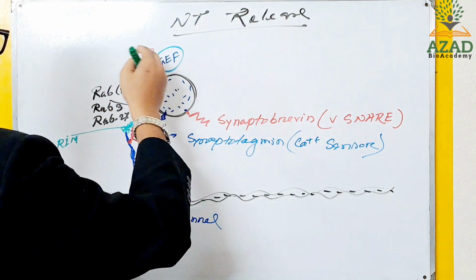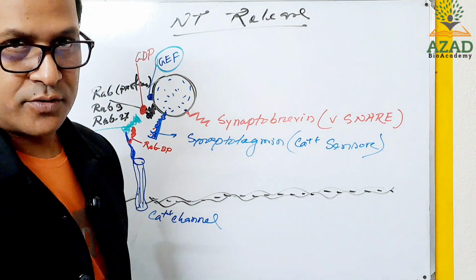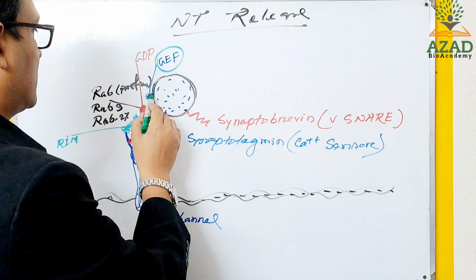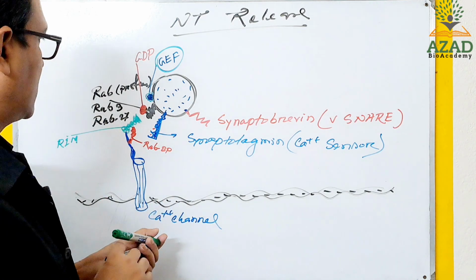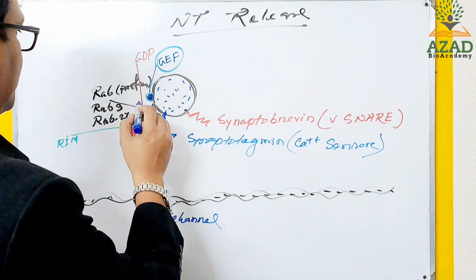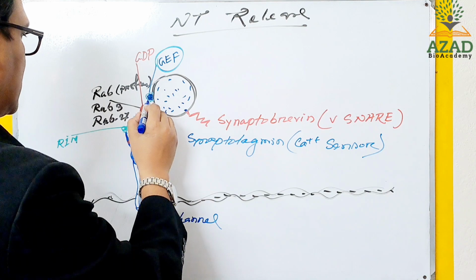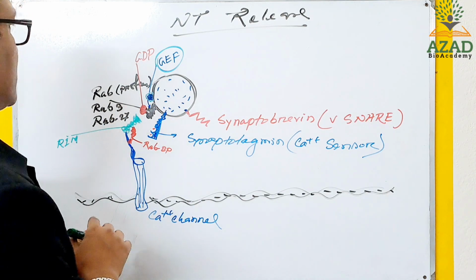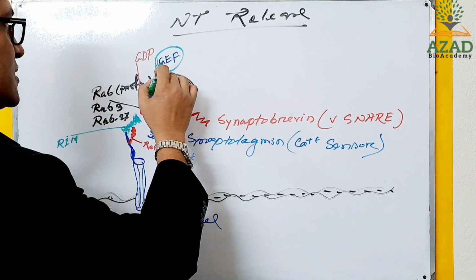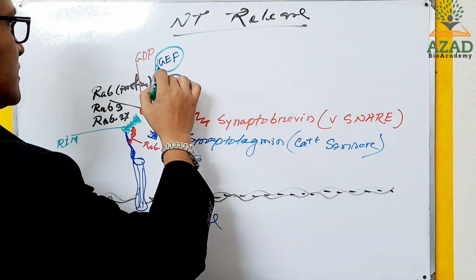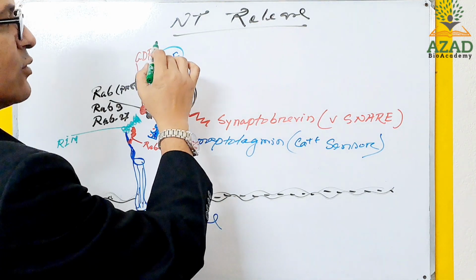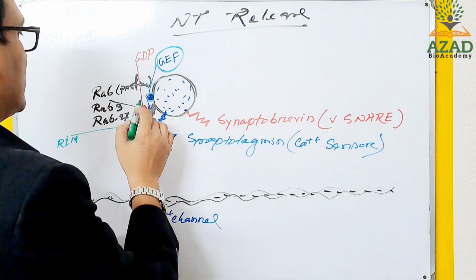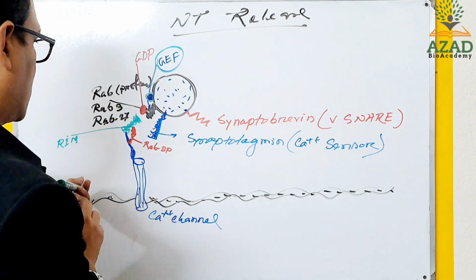That means the guanine nucleotide exchange factor that is attached with the membrane will be activated. And then what will happen? It will activate the Rab protein. How will it activate? As it is named, guanine nucleotide exchange factor, it will exchange the guanine nucleotide.